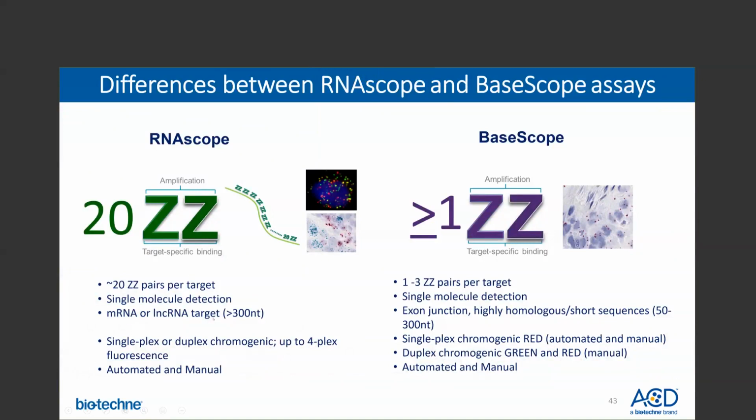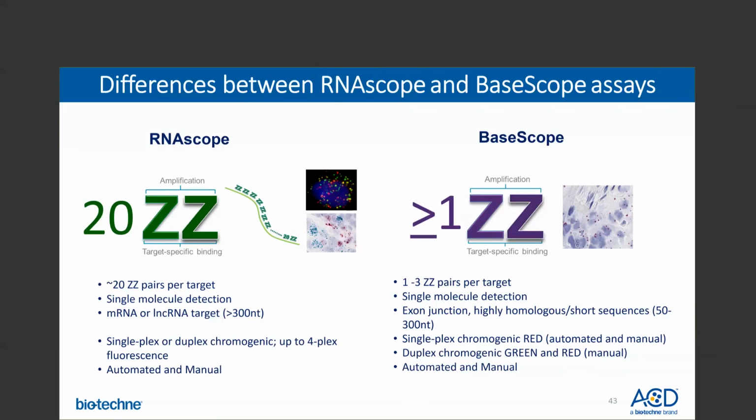RNAscope is recommended for longer transcript detection, for transcripts that are 300 nucleotides or longer, whereas BaseScope is recommended for detection of transcripts or sequences such as exon junctions and highly homologous short sequences, which would be about 50 to 300 nucleotide base pairs in length.